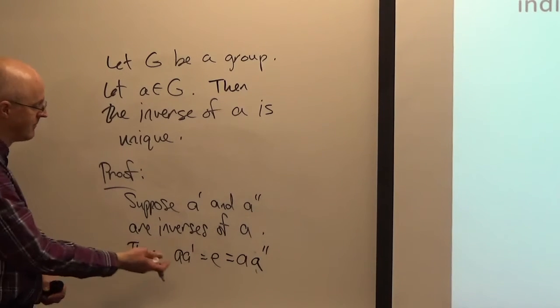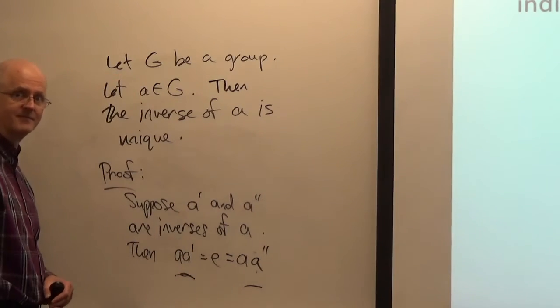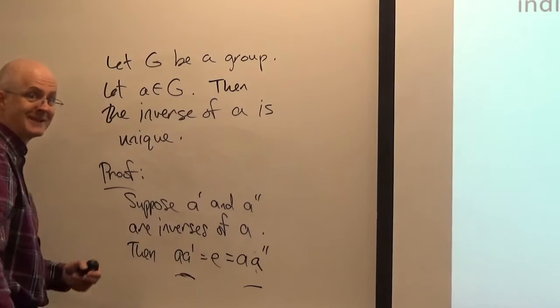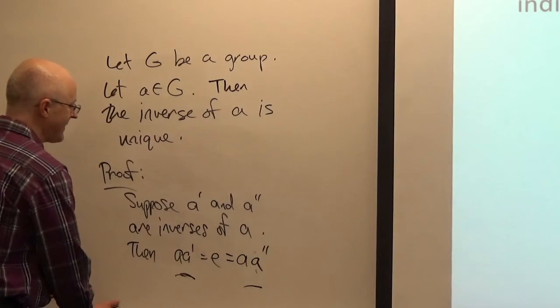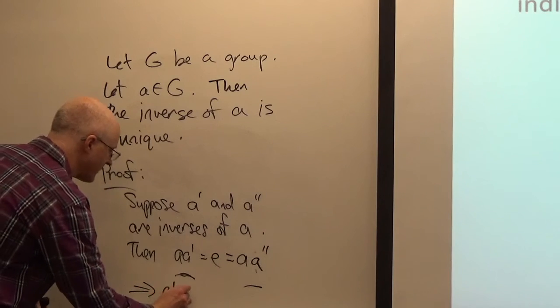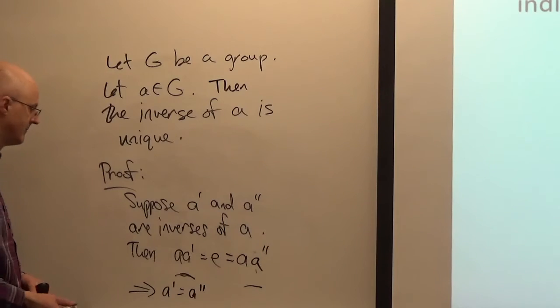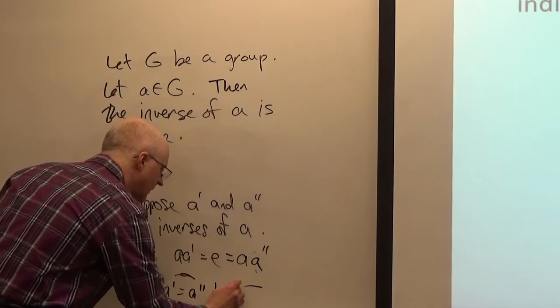I can multiply both sides of this equation, this equaling this, on the left by A inverse, which would be another identity, and that would imply A prime equals A double prime. I can just say it's the left cancellation law.